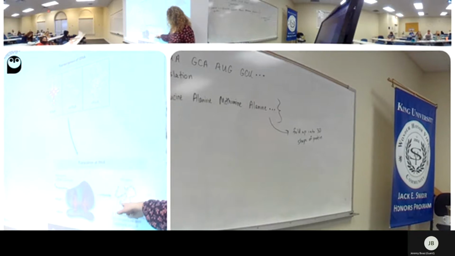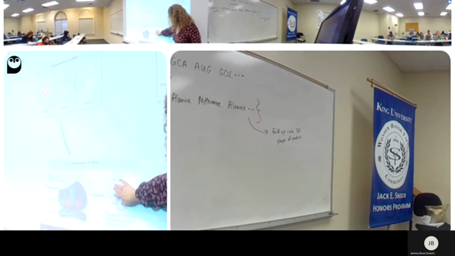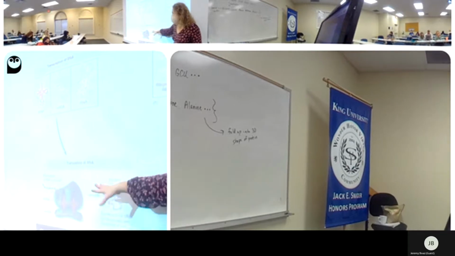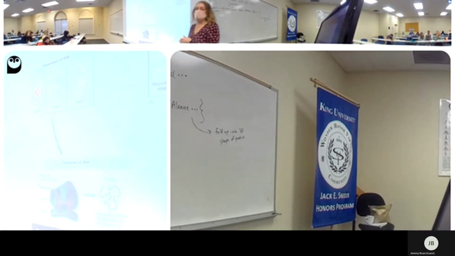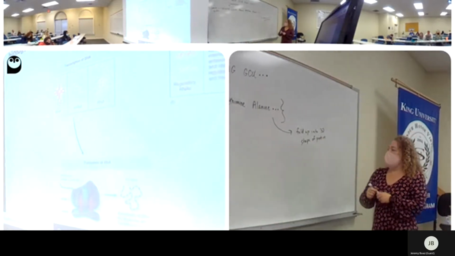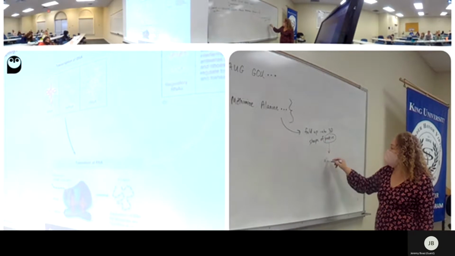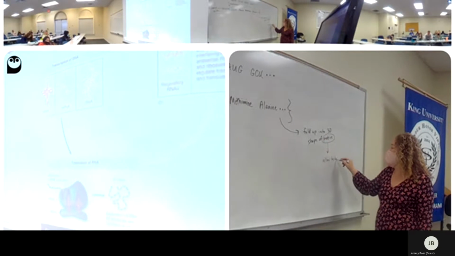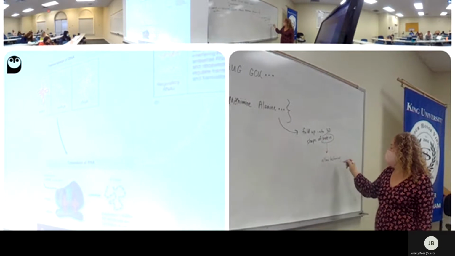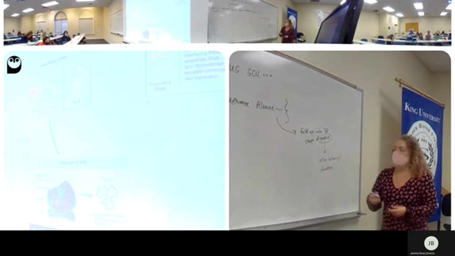That makes a protein chain, and this protein chain is going to fold up into a 3D shape of some kind of protein that does something for the cell. The 3D shape allows some kind of function for the cell.